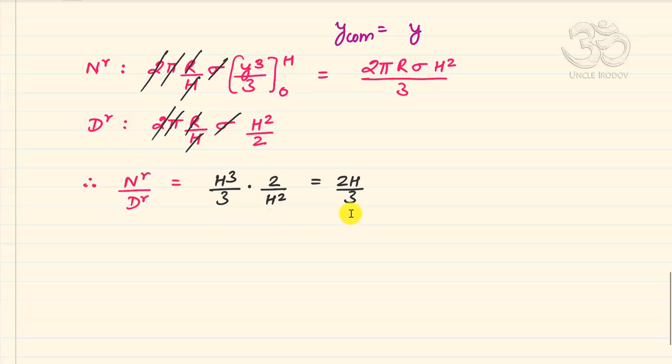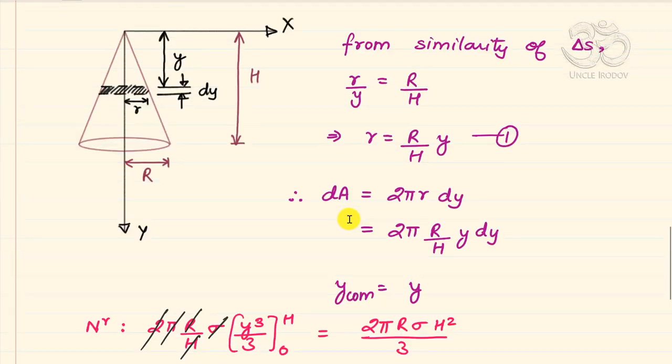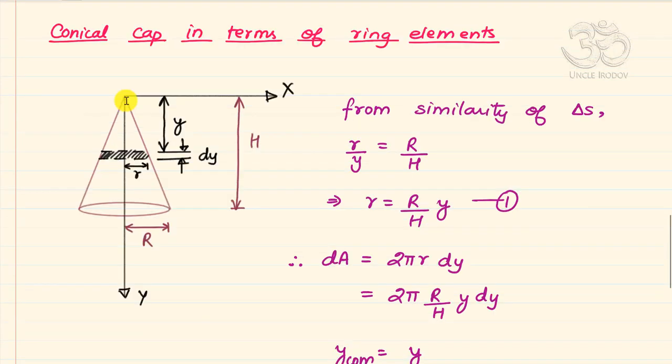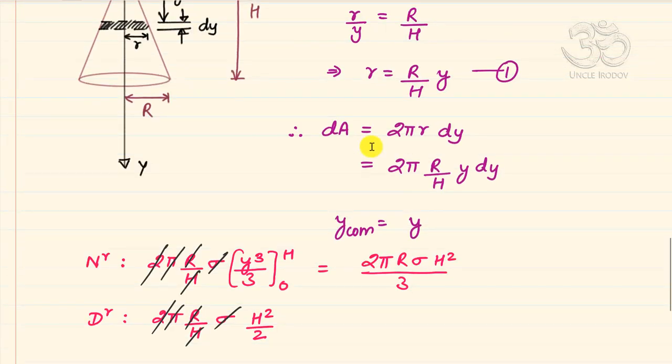But I think there is a small word of caution here, and that is that although the final answer works out, our area element is not entirely correct. The total surface area of this cone should be pi r L, so pi into r into that slant height L. But when you integrate this area term, what is it that you are going to get?